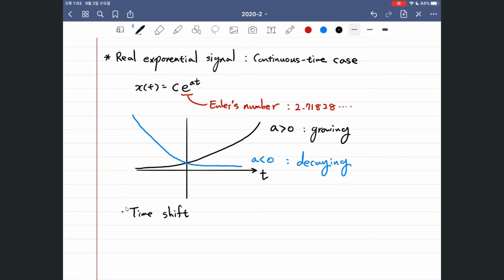Then it becomes as follows. And if you divide these and put them in separate terms, this becomes c e to the a t0 times e to the a t. You can express this term like this.